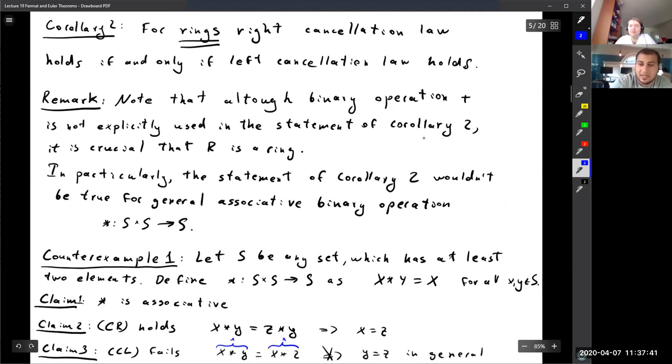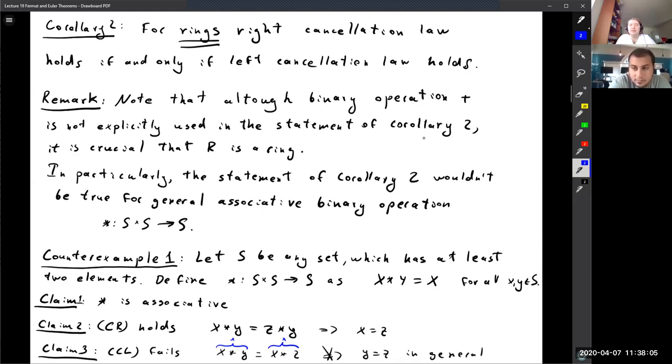Could you repeat that again, Professor? Why is it not true that the left cancellation law holds? We just proved corollary 2 that for rings, the right cancellation law implies the left cancellation law and vice versa. So one holds if and only if the other holds.